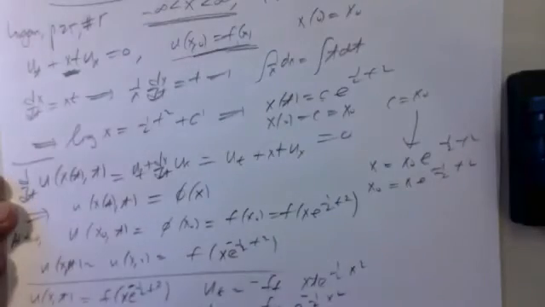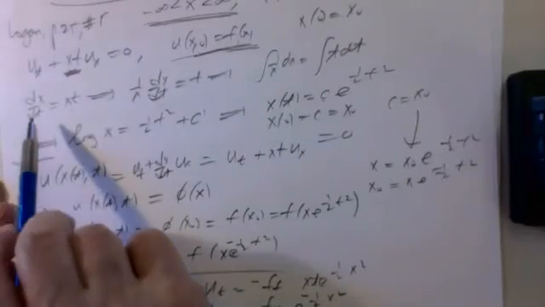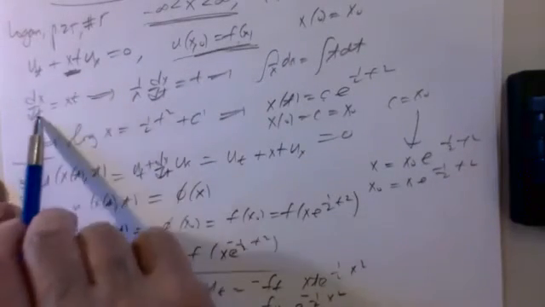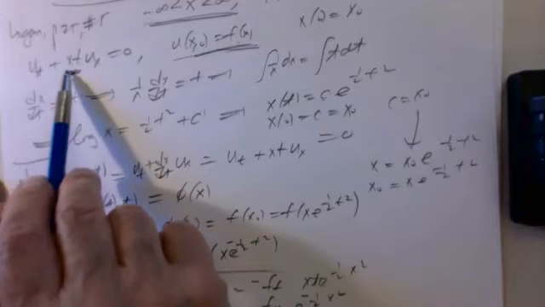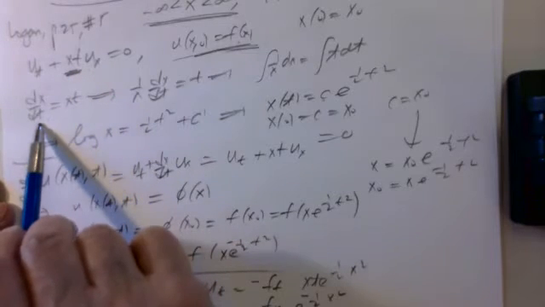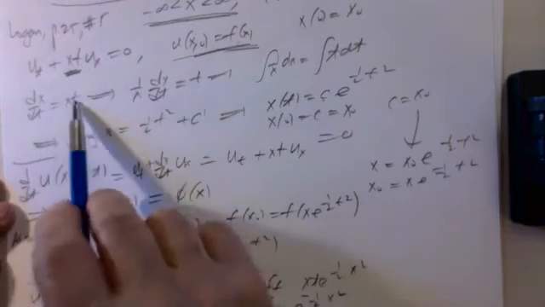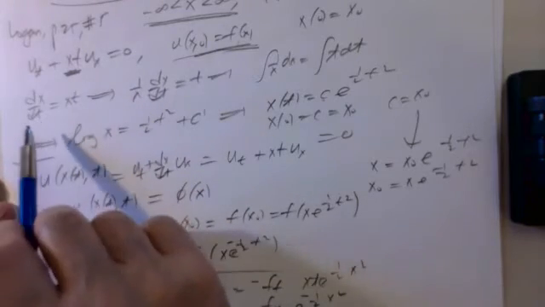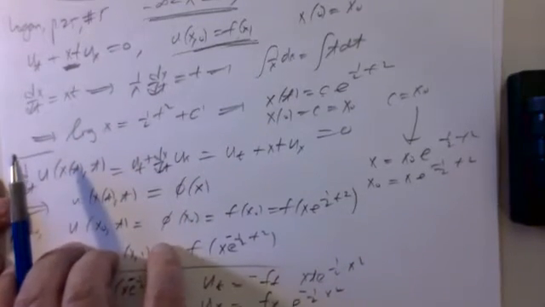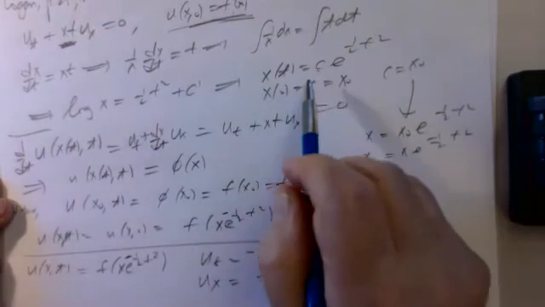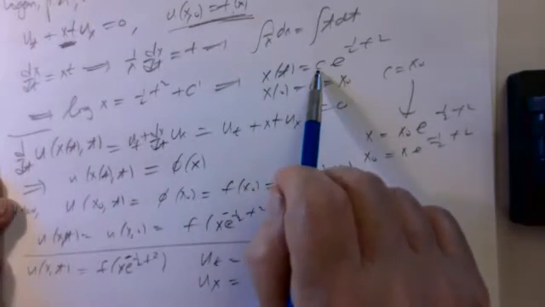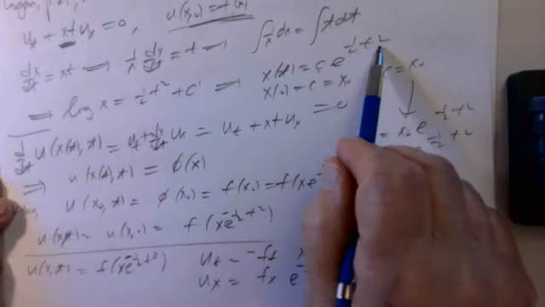There's no boundary condition. So we think of x as a function of t, and we solve the differential equation dx/dt equals x times t. That's just a first order equation, and we get that x of t is some constant e to the 1/2 t squared.